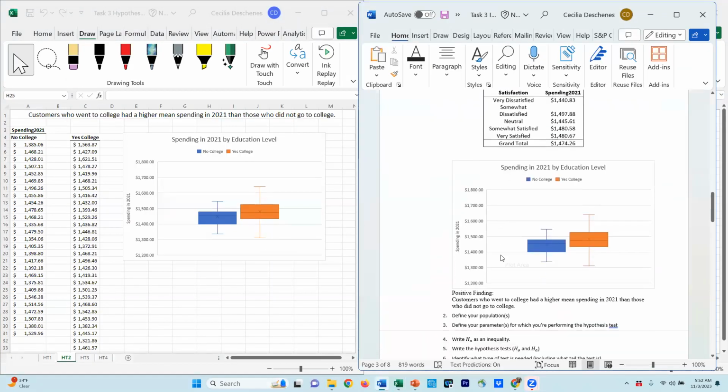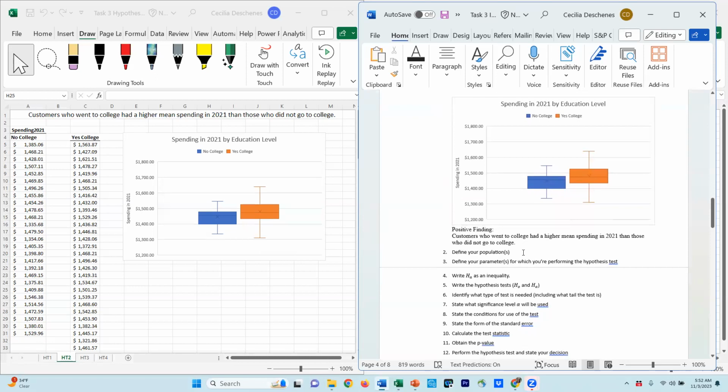So now we want to define our populations. Population 1 is OFS customers. Let's see, no college seems to be on the left. Well, we kind of stated it the other way around, so that's okay. Just have to make sure we don't flip that.